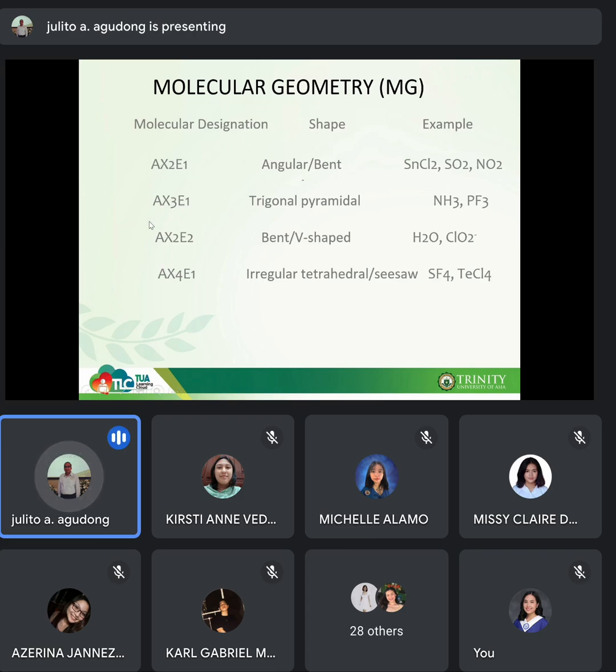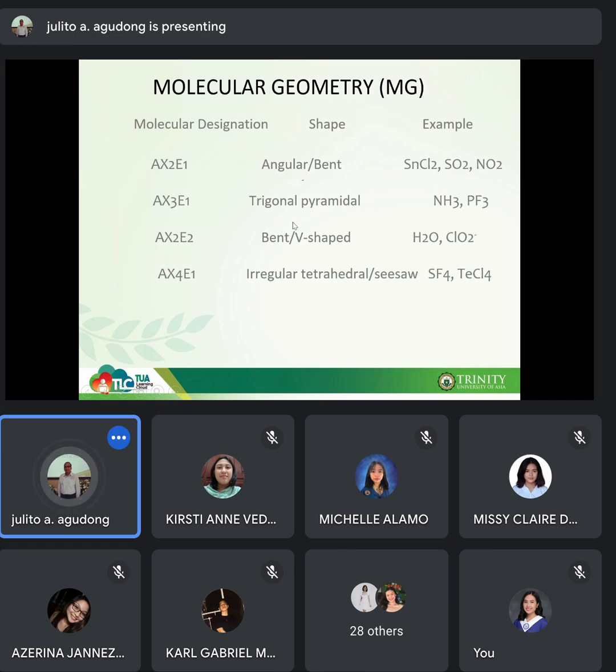The other molecular shape designation is AX3E1, meaning there are three atoms surrounding your central atom, and you have one non-bonding pair that rests on your central atom.